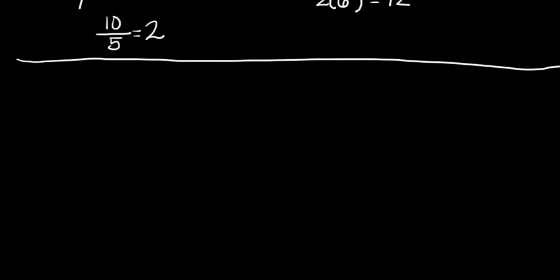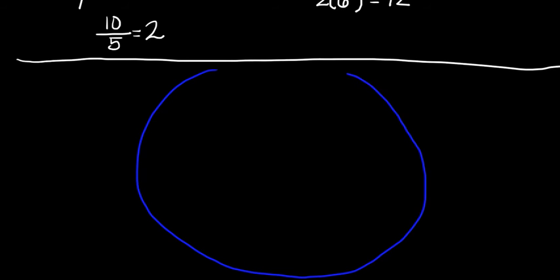So if you would draw me a big circle here, okay? I'm just going to use this circle to put our numbers in. The numbers we're going to be using in algebra are rational numbers.